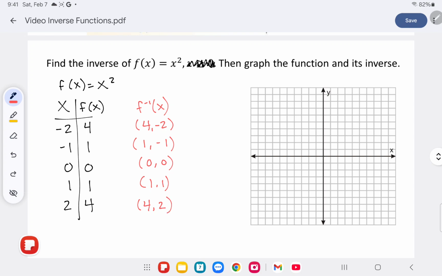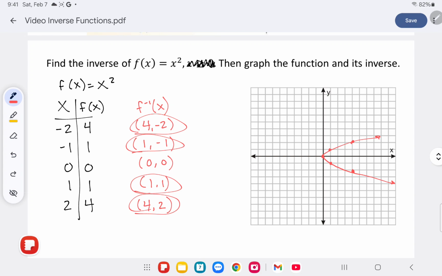If I were to graph this, you'll notice that this is not going to be a function. It will not pass the vertical line test because we have inputs like 4 that had 2 outputs, or like 1 had 2 outputs.